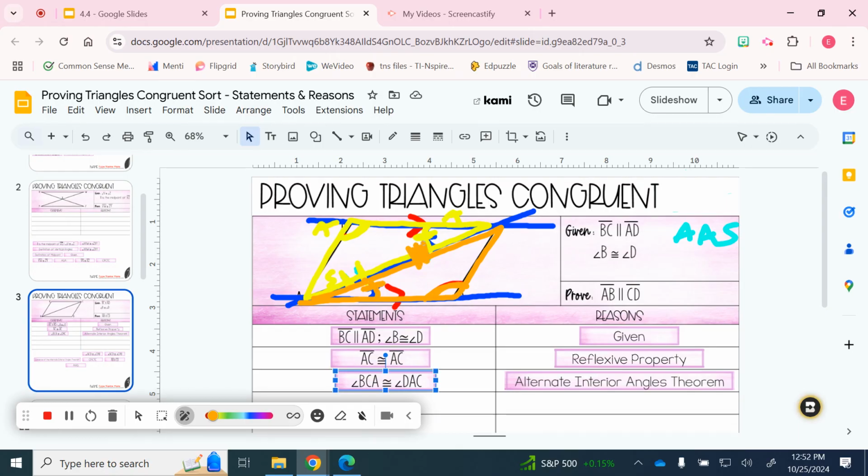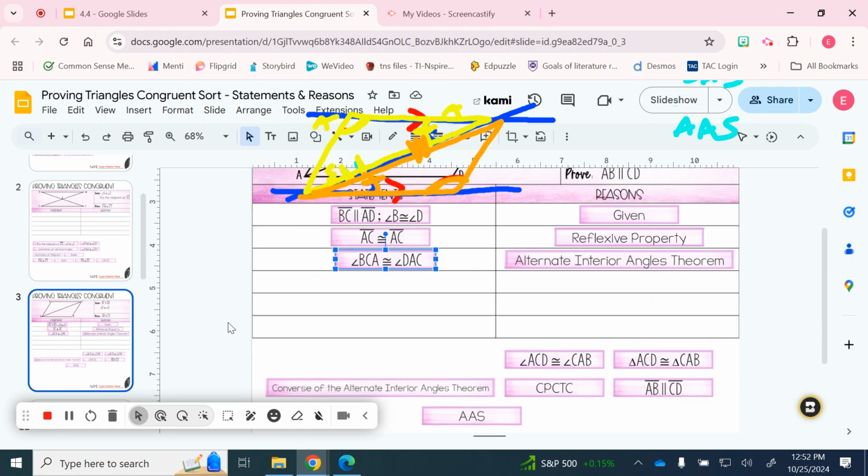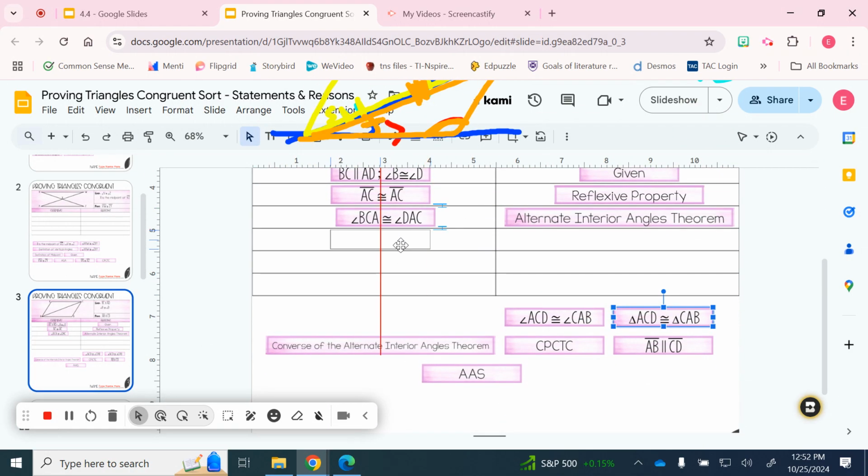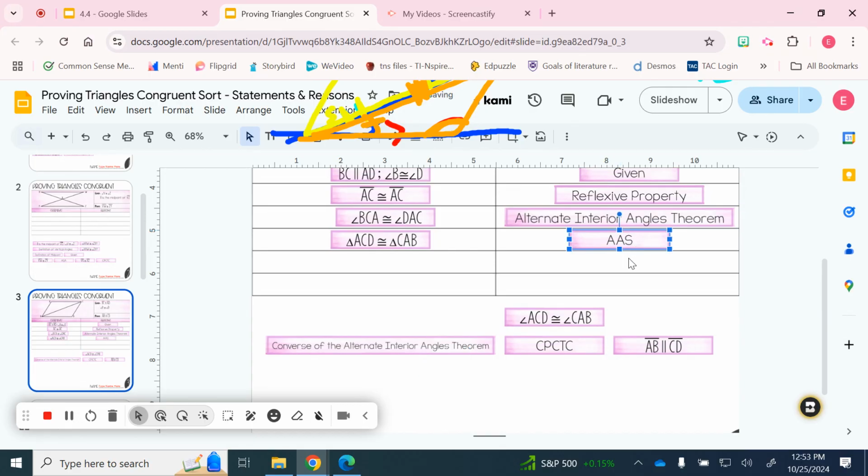Are these two triangles congruent? Yes. So that's what I'm going to state next. I'm going to state, hey, these two triangles, ACD is congruent to CAB by angle, side, angle.